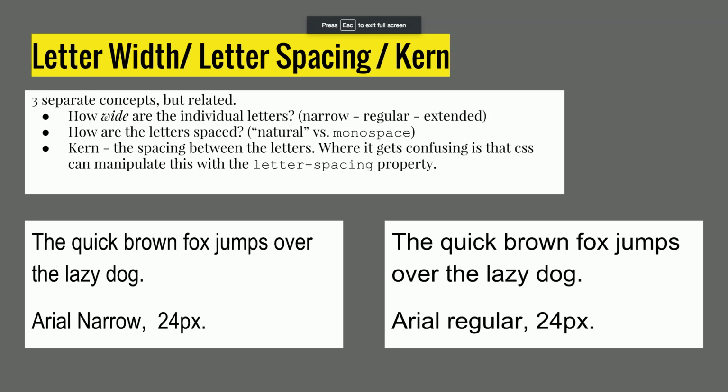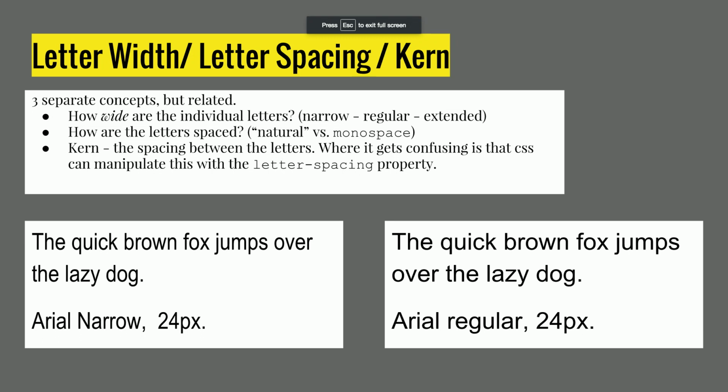Specifically, width refers to how wide the letters are. In the example below, you've got narrow versus regular. And then you've got how the letters are spaced. Most will have a natural spacing, unless they are specifically monospaced. If you open up your text editor and you've got Courier or Computer Modern or something like that, that's a monospaced font, as opposed to most fonts that you'll see out in the real world, which are naturally spaced.